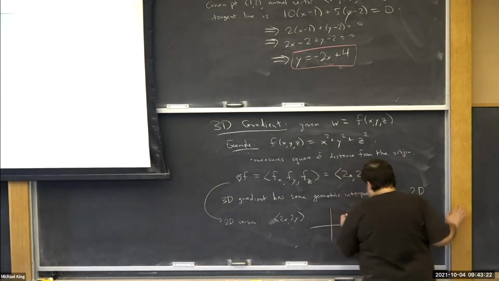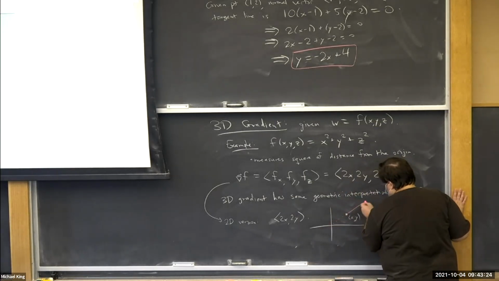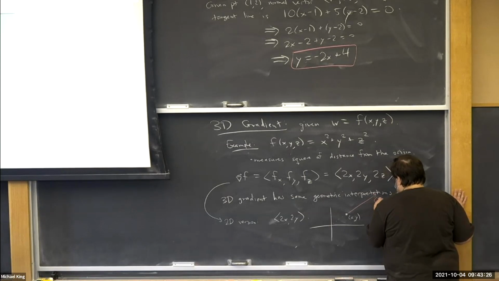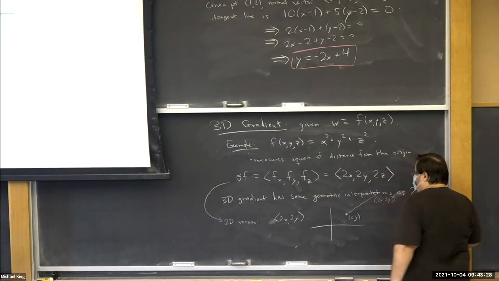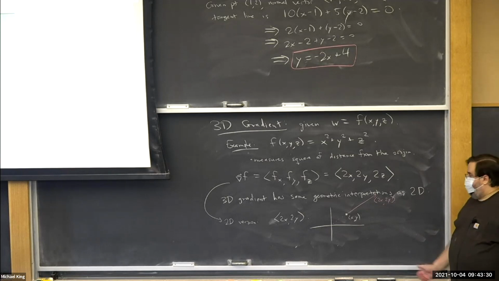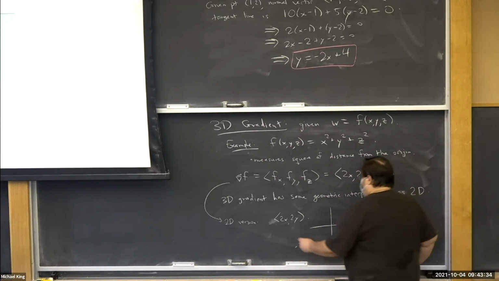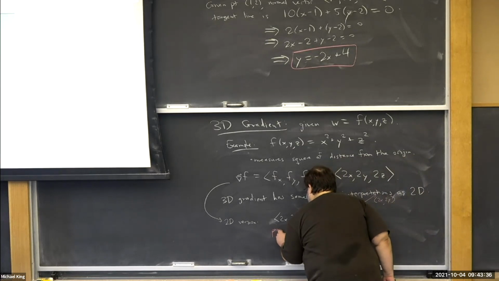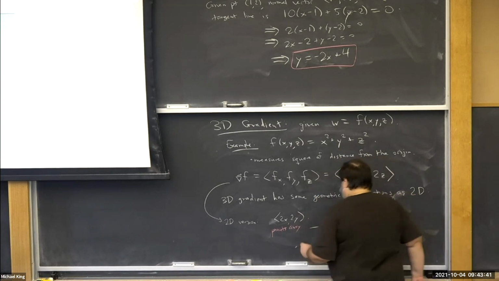Then the vector 2x comma 2y is like that, right? So it points directly away from the origin. I'm just doing this because I can't draw it in 3 dimensions as compellingly.